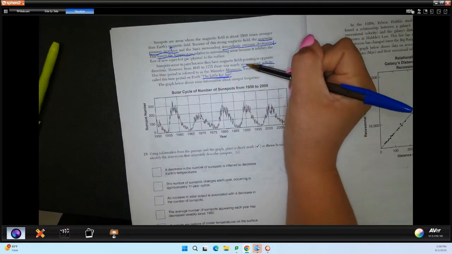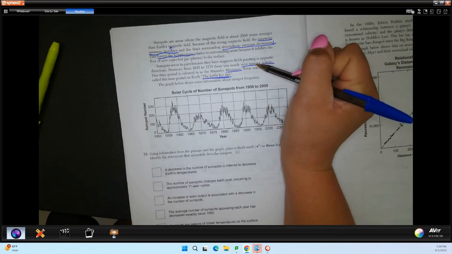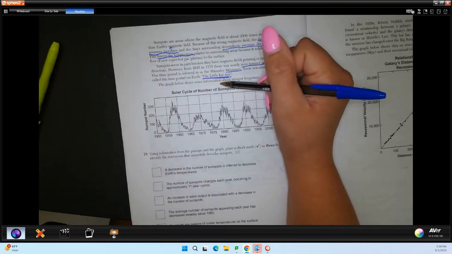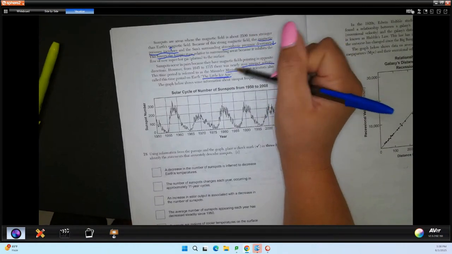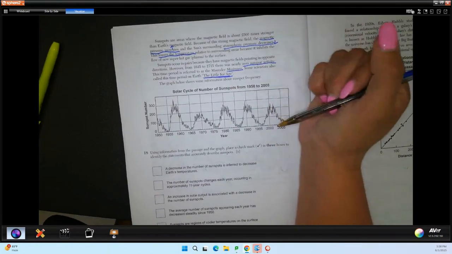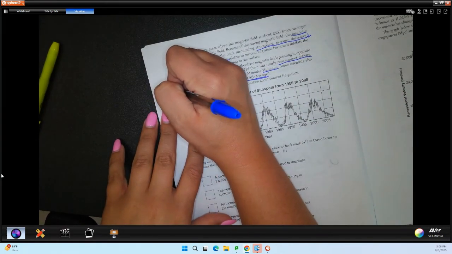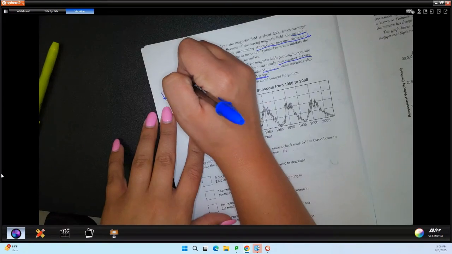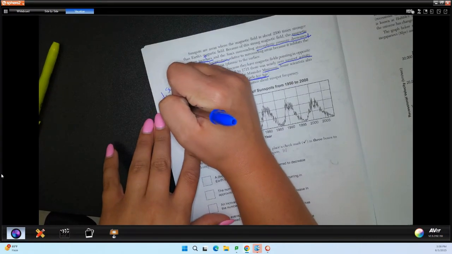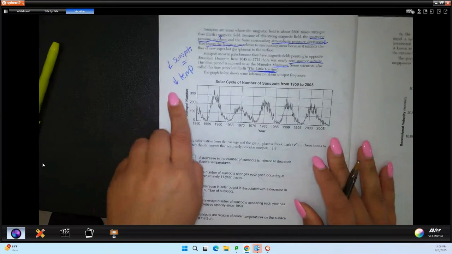So what I'm seeing here is that when there was no sunspot activity, we had very cool temperatures. Okay, so that's showing me a correlation between temperature and sunspot activity. So I'm actually going to write a little note here. I'm going to say no sunspots or decrease in sunspots equaled decrease in temperature. Okay, that's what we're seeing based on this statement here.